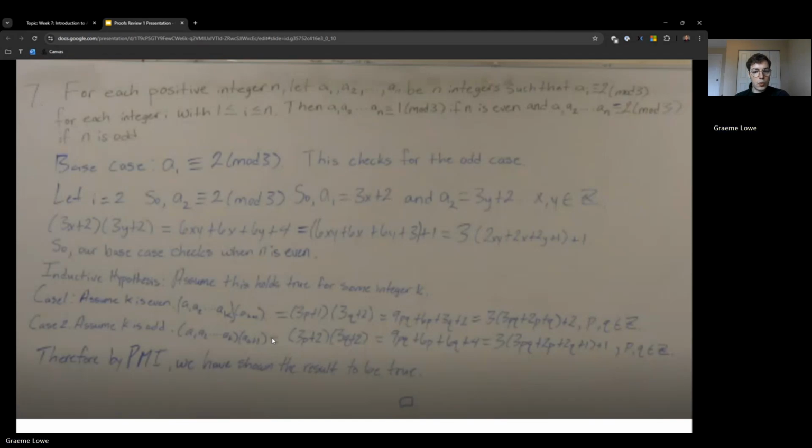So now let's look through the lens of k plus 1.